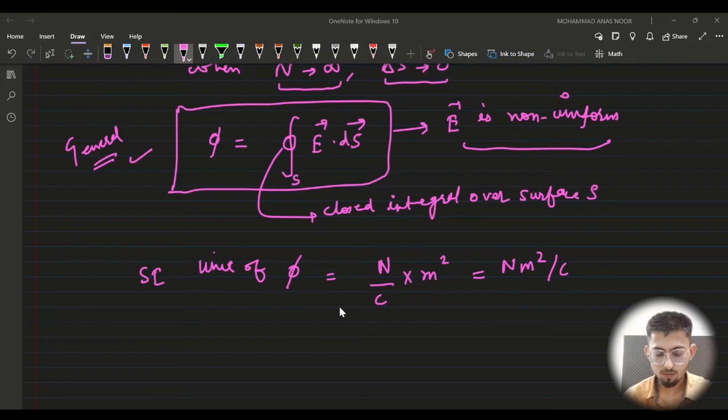And there is another unit that is used quite often for flux, the alternate to this, which is volt meters. We will study later how we get this unit, but this is also one of the SI units of electric flux.